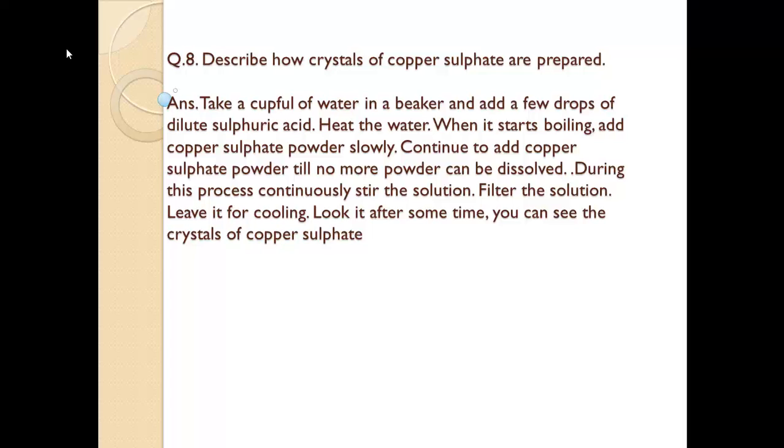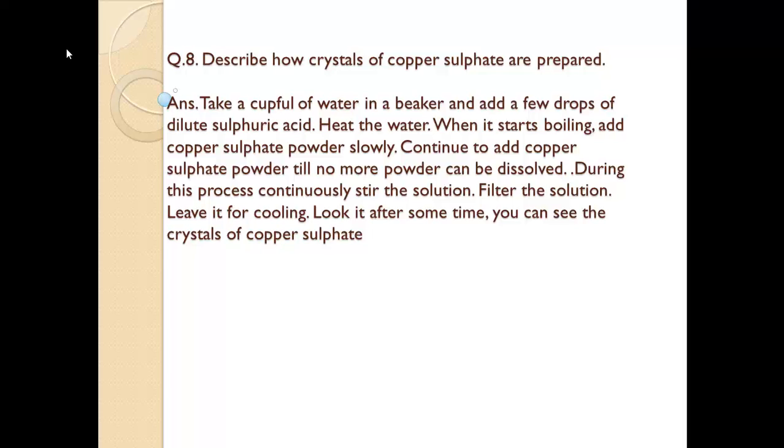Question number 8. Describe how crystals of copper sulphate are prepared. So we have learnt the crystallization process, that is, take a cupful of water in a beaker and add some dilute sulphuric acid, heat water. When it starts boiling, add copper sulphate powder slowly.